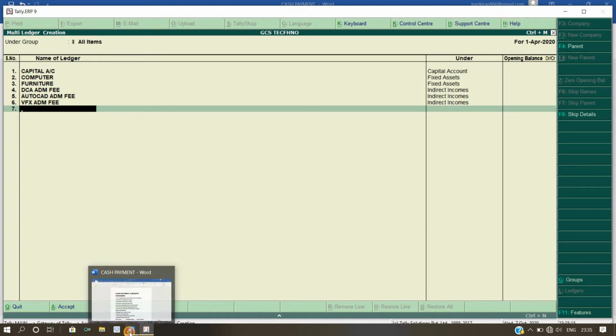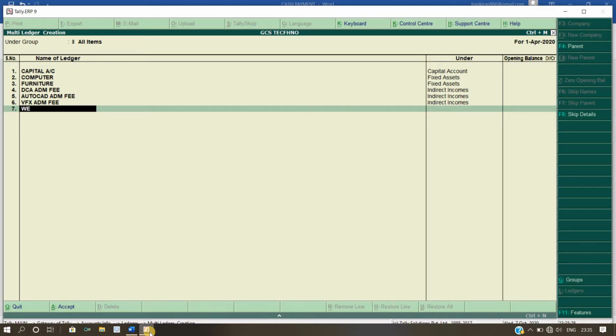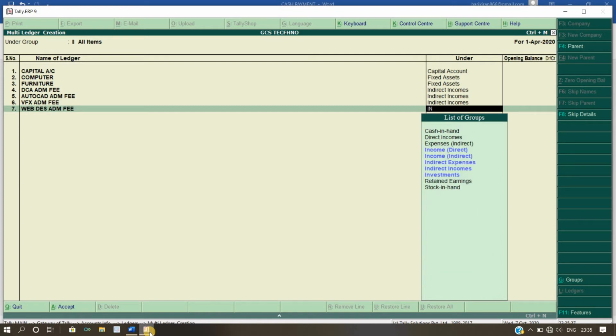And now next, it is web design admission fee received. Web design admission fee we are receiving, it is indirect income 100 rupees.